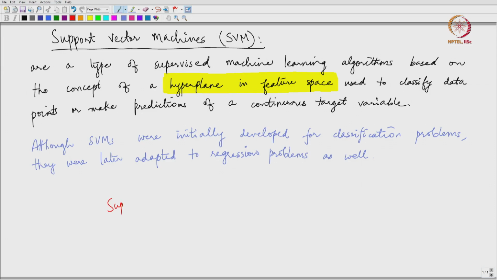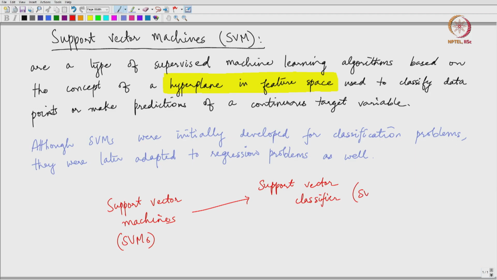SVMs can either be for classification, in which case they are called support vector classifier, or SVC, or they can be used for regression, in which case they are called support vector regressor, or SVR.